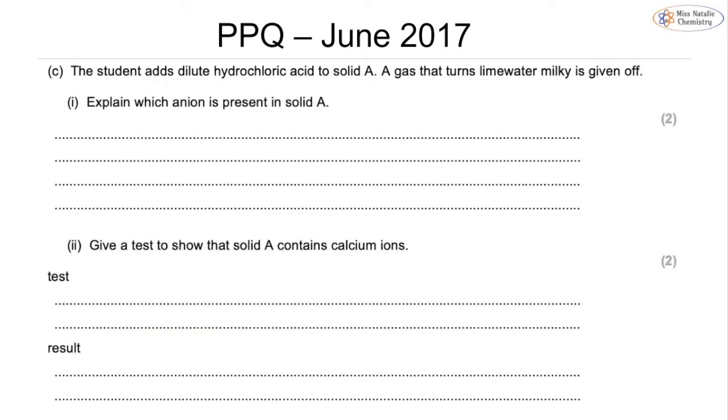The student adds dilute hydrochloric acid into solid A, and then we get a gas that is turning lime water milky being given off, and we have to explain which anion is present in solid A. Well, the gas that's being given off is carbon dioxide, and the anion that is linked to carbon dioxide is going to be the carbonate ion.